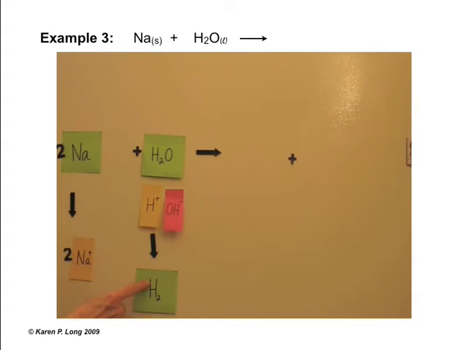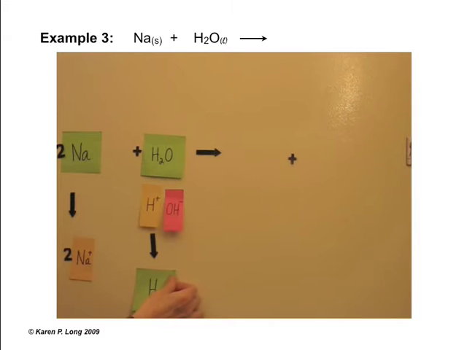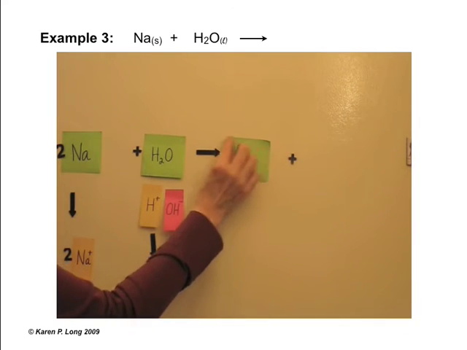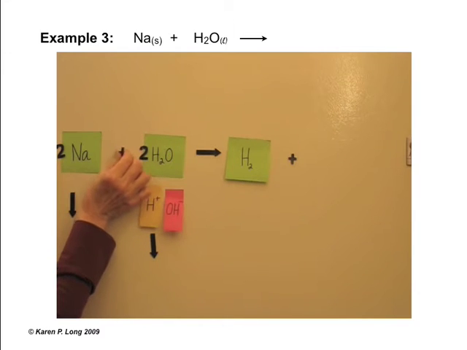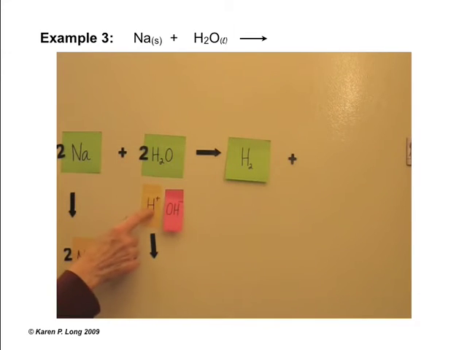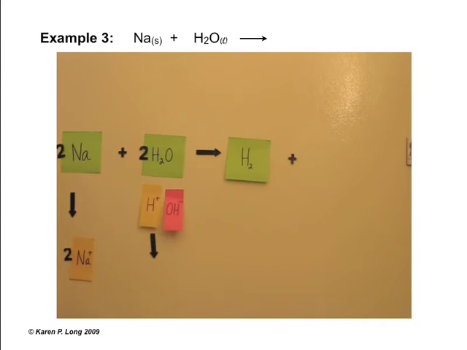So let's look at this as part of our product now. The H plus in water is going to go to H2, but both of those came from the H's. So that means that we need to keep a total of 2 waters. Did we get that? The H plus went to H2. That took 2 of the H ions, which meant we had to have 2 OHs and 2 H pluses.